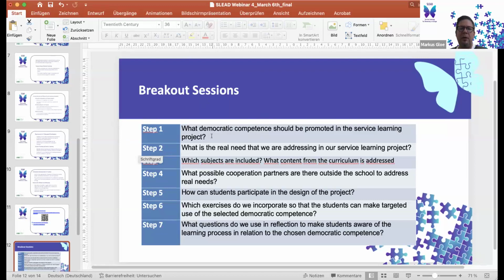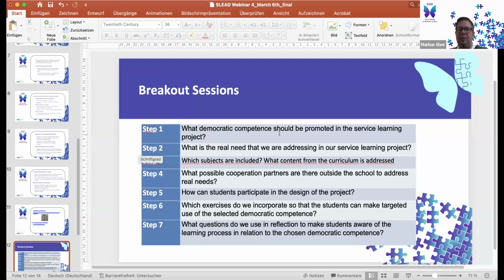One of them was the real need, and that's step number 2. Identify in your group a real need that you would like to address in your service learning project. Then the next quality standard is which subjects are included, what content from the curriculum is addressed, so that we have the curriculum connection.